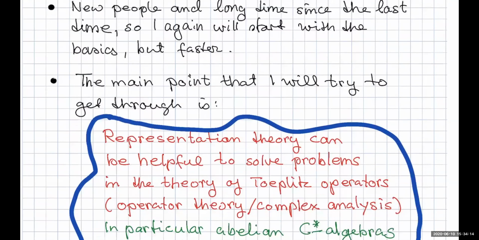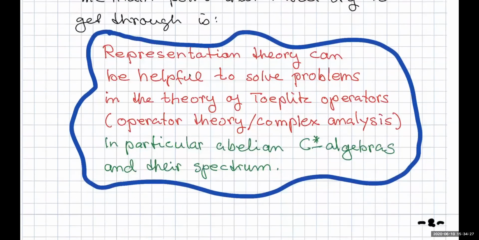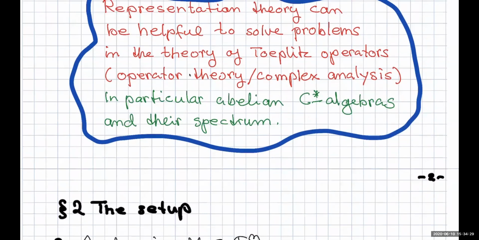Okay, so this is the main thing, to use representation theory to solve problems in the theory of Toeplitz operators, and in particular the theory of abelian C-star algebras.